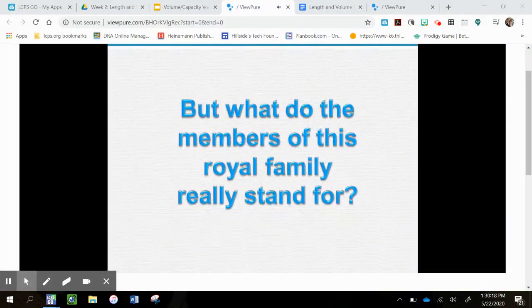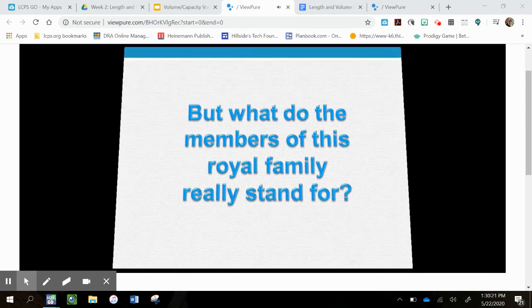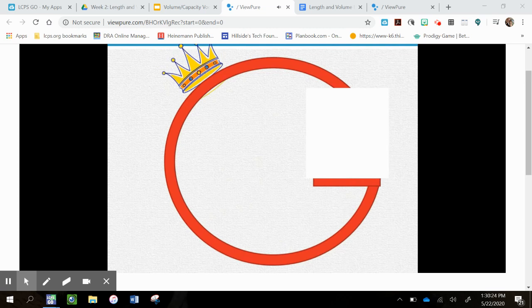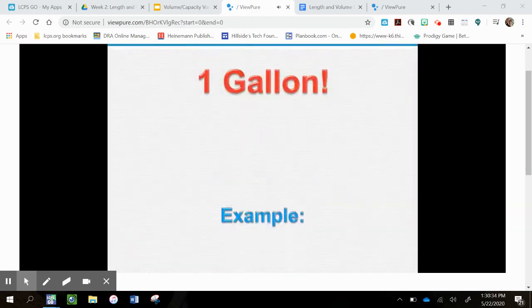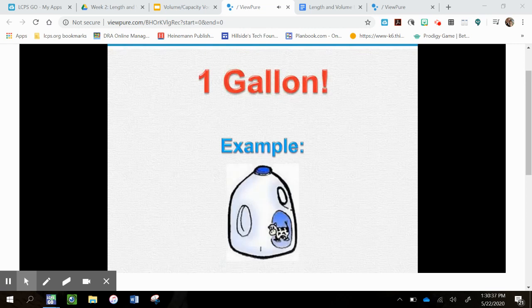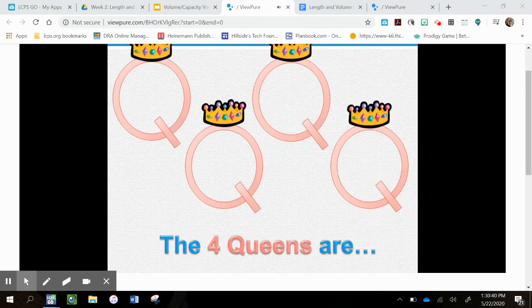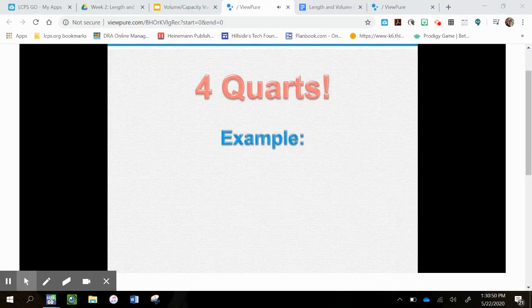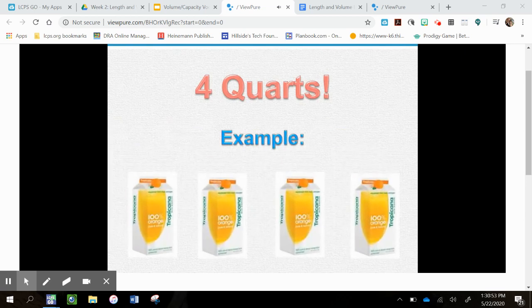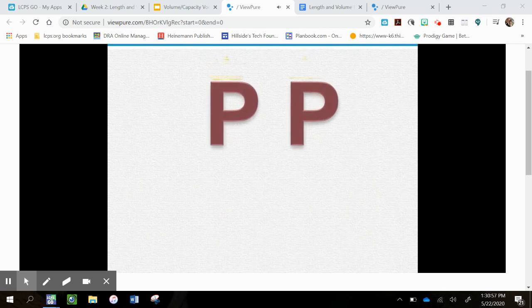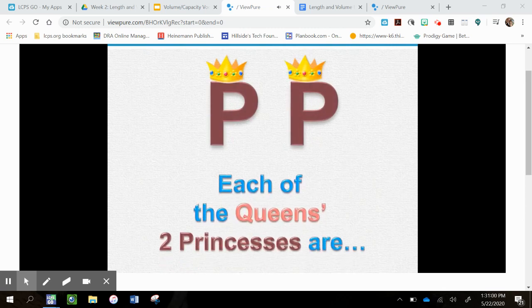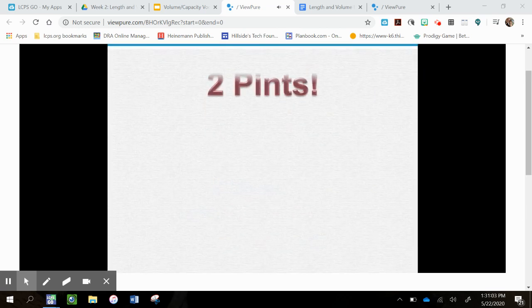The 4 queens are 4 quarts, 2 princesses are 2 pints.